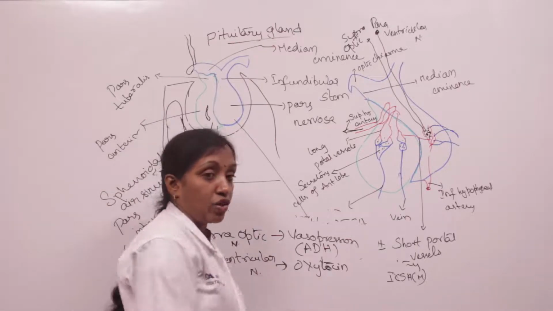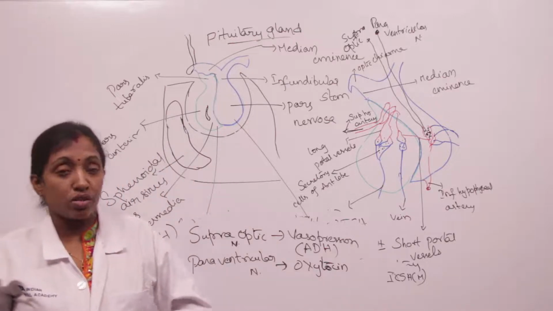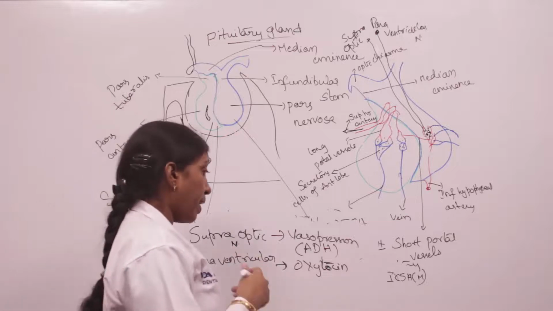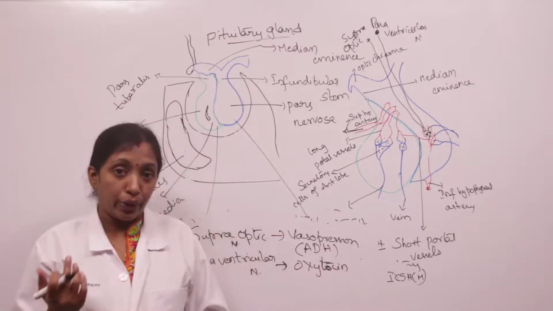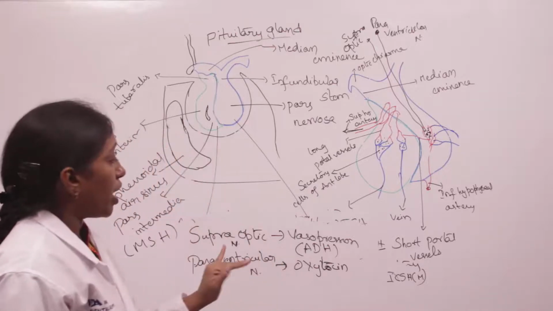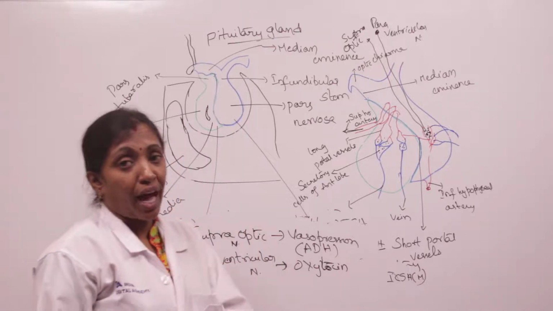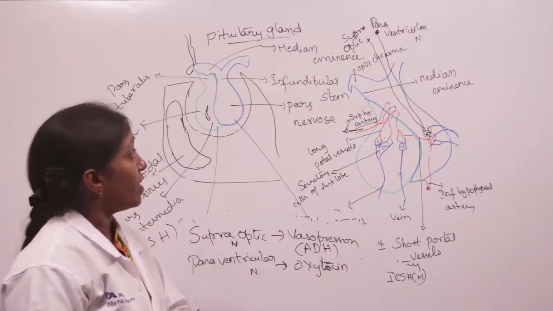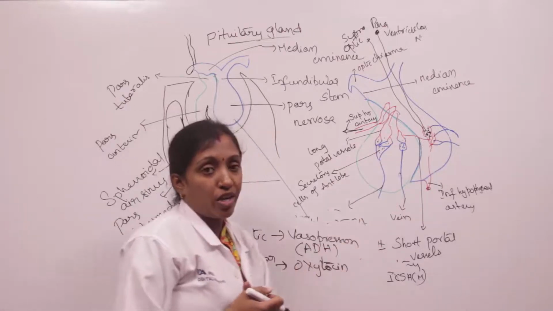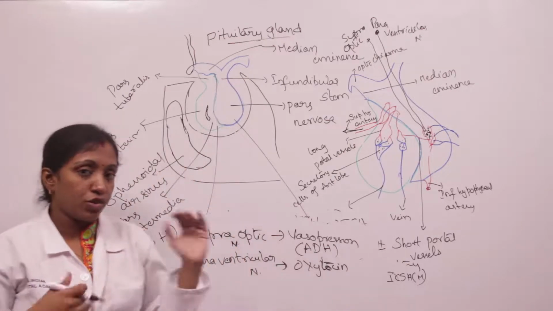So that's about oxytocin. These are the two hormones secreted by the hypothalamus, by the supraoptic as well as the paraventricular nuclei. These hormones are released from the posterior pituitary whenever they are required. It acts as a storehouse.